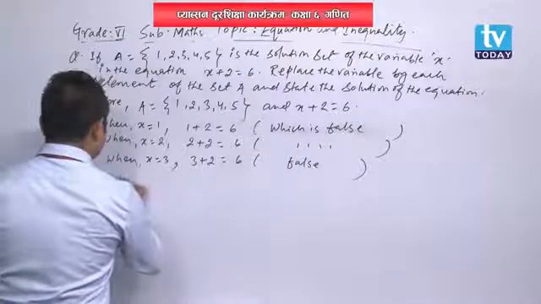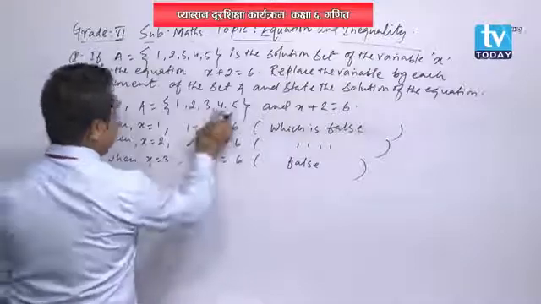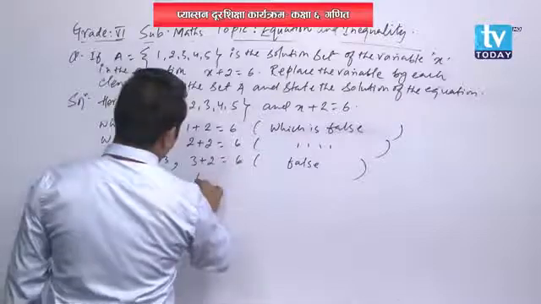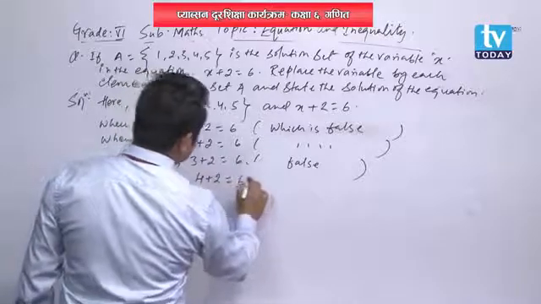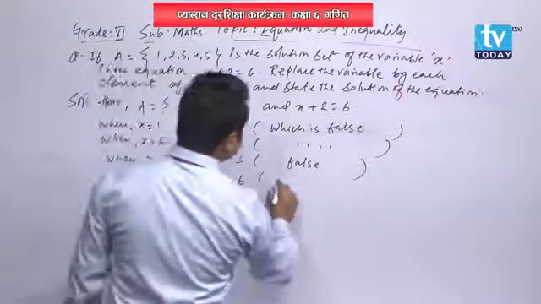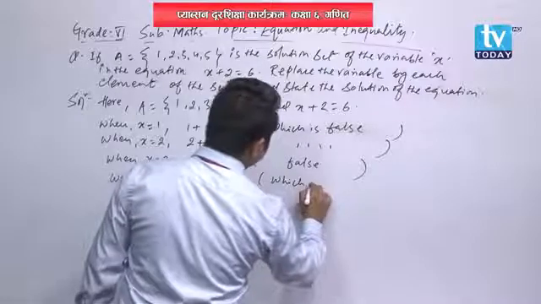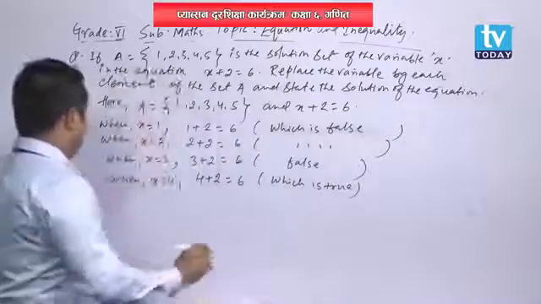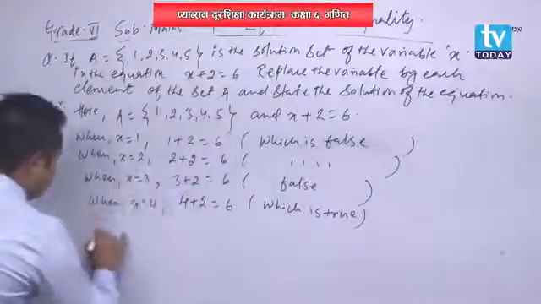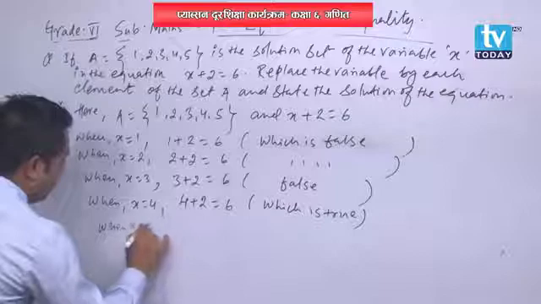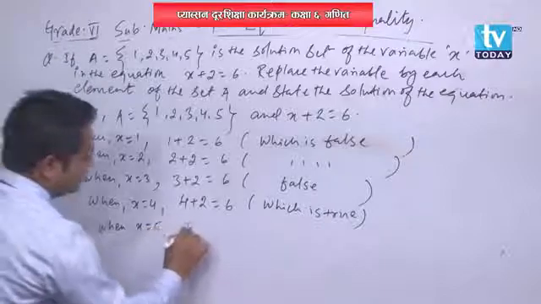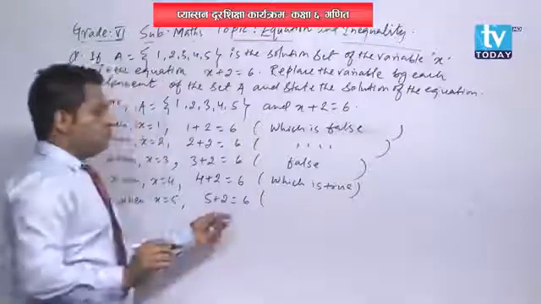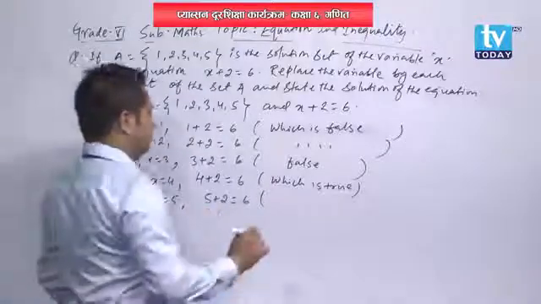When x equals 4, then 4 plus 2 equals 6, which is true. When x equals 5, 5 plus 2 will be 7, so which is false.